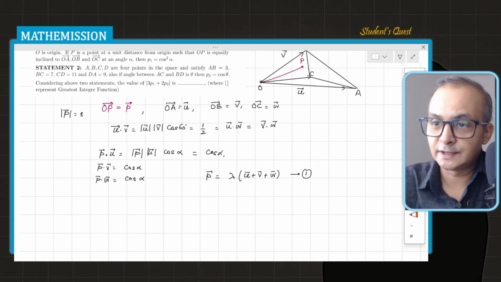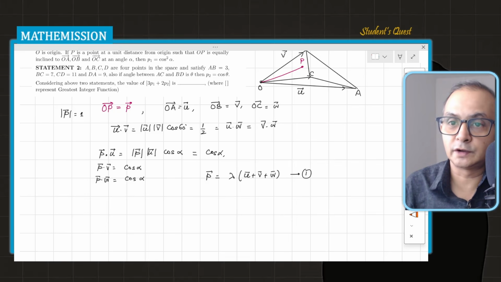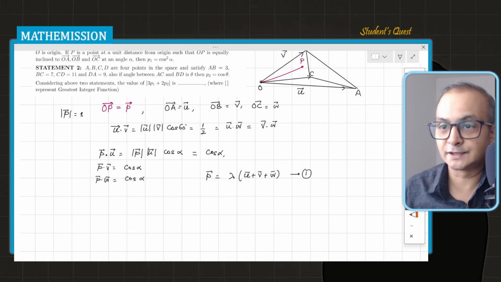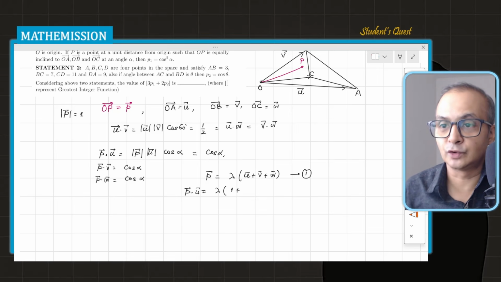Now by using this fact, we can apply P dot U, P dot V and P dot W. So let's do this with P dot U. If I do it with P dot U, I will get lambda times U dot U, which will become 1, and U dot V, if you do that, will become half, and this is also half.